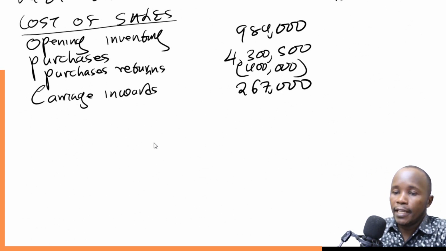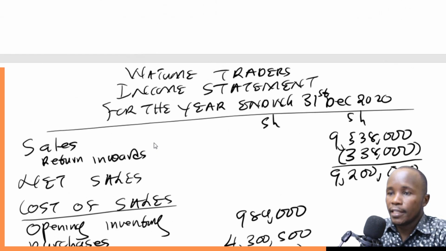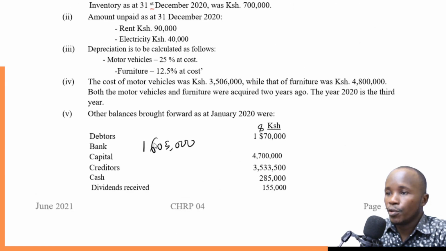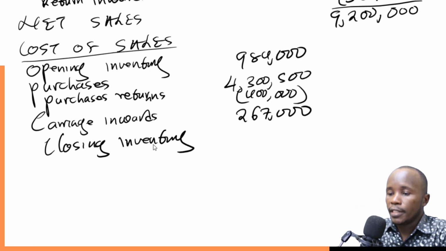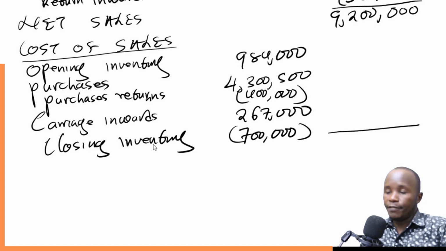Finally, we subtract the closing inventory. Closing inventory as it appears in the additional information was 700,000. This one you subtract, and we bring the net figure here.